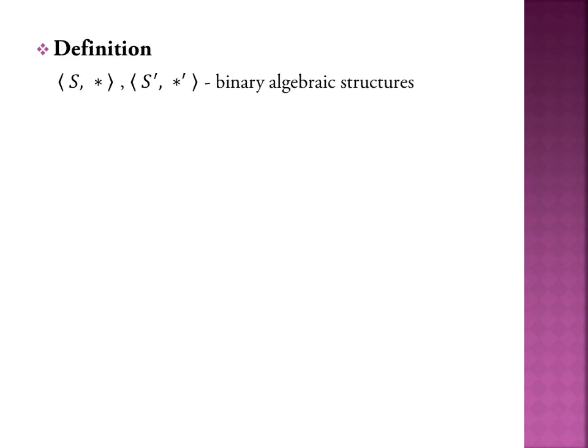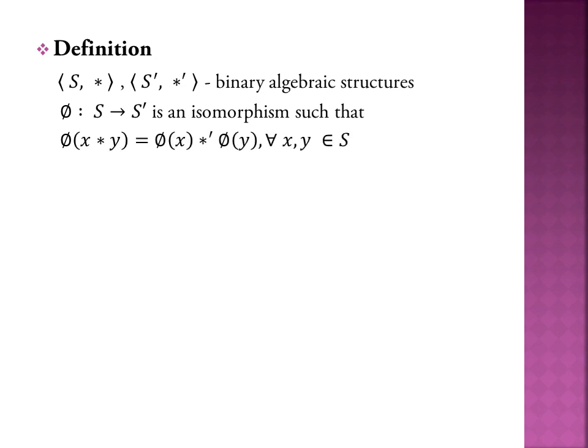Let ⟨S, star⟩ and ⟨S', star'⟩ be binary algebraic structures. An isomorphism of S with S' is a one-to-one function phi mapping S onto S' such that phi of x star y equals phi of x star' phi of y for every x, y belongs to S. This is called the homomorphism property.